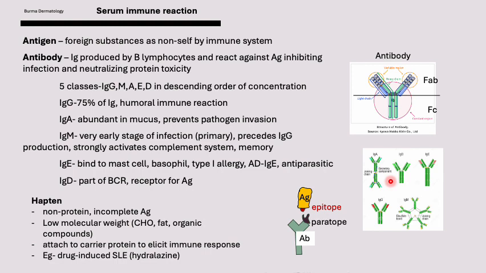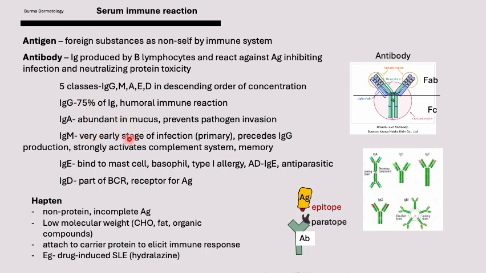IgG, IgE, and IgD are monomers, and IgA is a dimer structure, and IgM is the biggest, a pentamer structure. So IgG is the most numerous of all the immunoglobulins, and it has a function for humoral immune reaction.